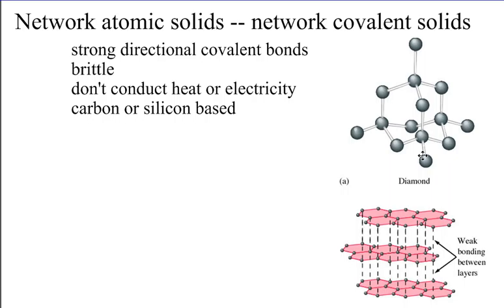Network atomic solids have strong directional covalent bonds, and they're typically rather brittle. They won't conduct electricity, and most of them are carbon-based. You'll see a couple that are silicon-based, and when you see silicon-based, you're entering the world of geology. So APES people, you're going to be doing a lot with silicon-based network atomic solids.